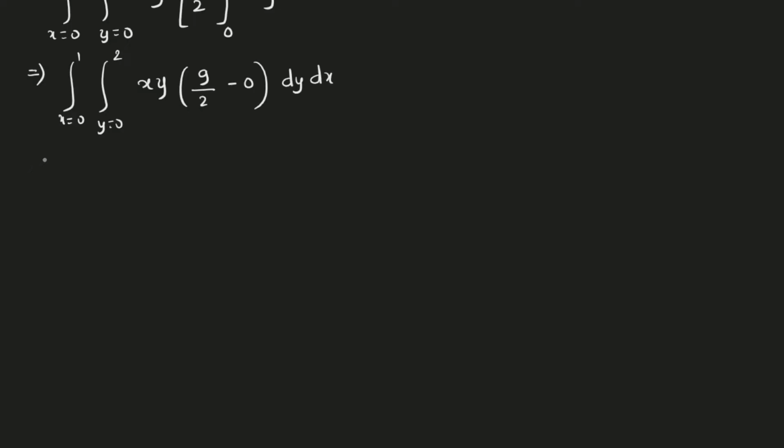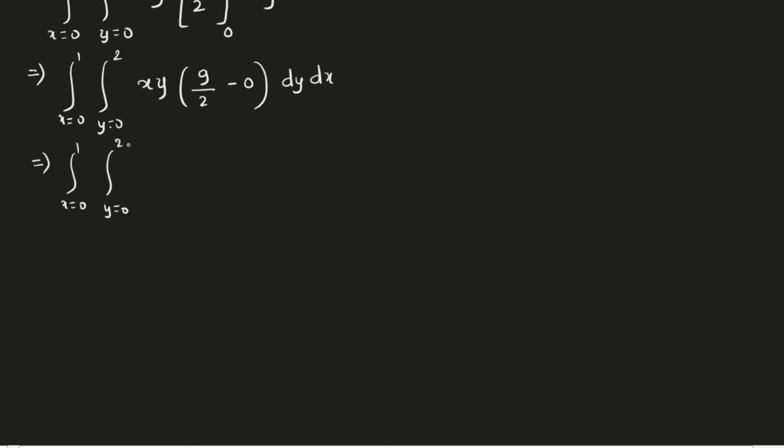Then this is equal to x varies from 0 to 1, y varies from 0 to 2, and here 9 by 2 is a constant, 9 by 2 xy into dy dx.